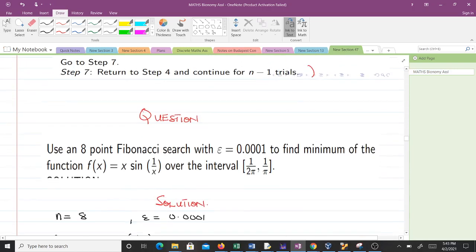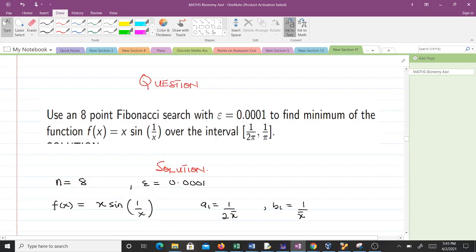So now let's take a question. The question says to use an 8-point Fibonacci search with epsilon equals 0.001 to find the minimum of the function f of x equals x sine 1 over x over the interval 1 over 2 pi, then 1 over pi.